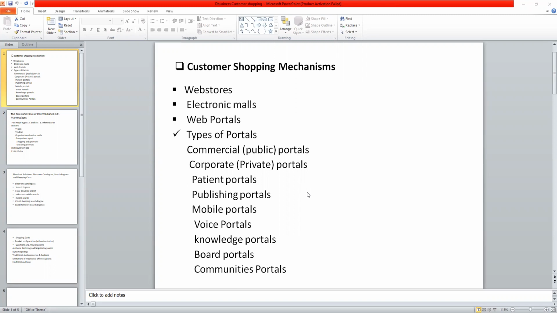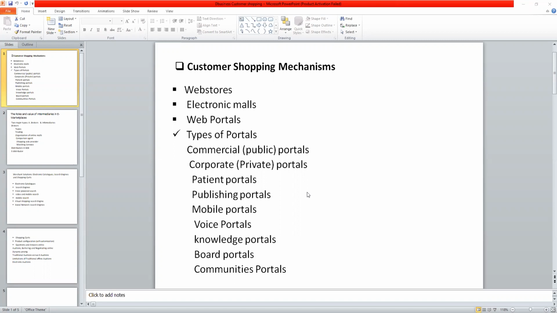Similarly, we have the board portals. Board portals help in decision making. They help save time, improve efficiencies, and hence enhance the effectiveness of meetings.